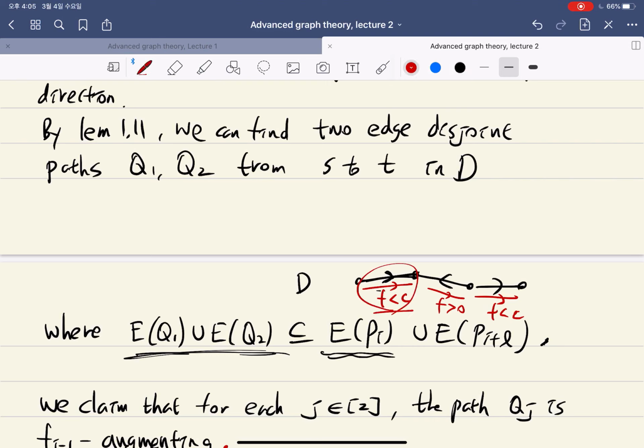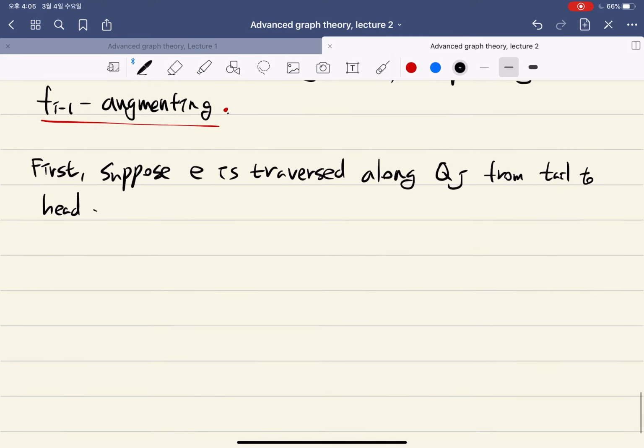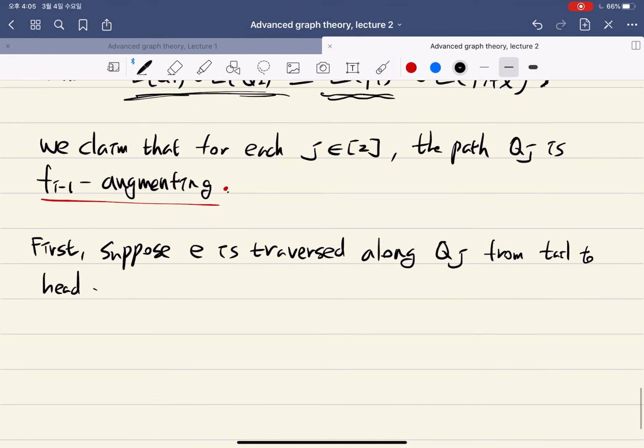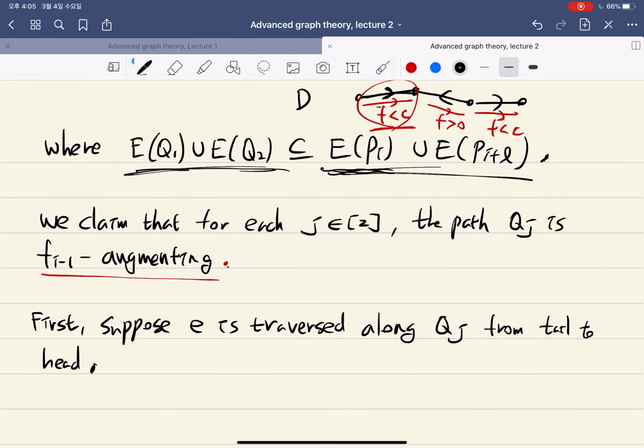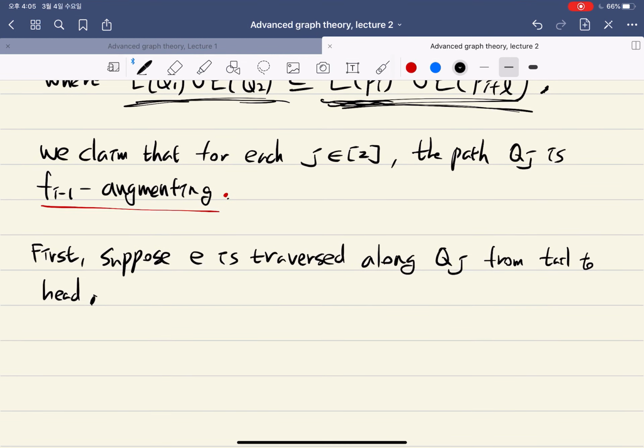In this case, we want to show that the flow value is strictly smaller than the capacity. How do we show it? We show this by using the fact that pi and pi plus l are augmenting. So again, there are two cases.